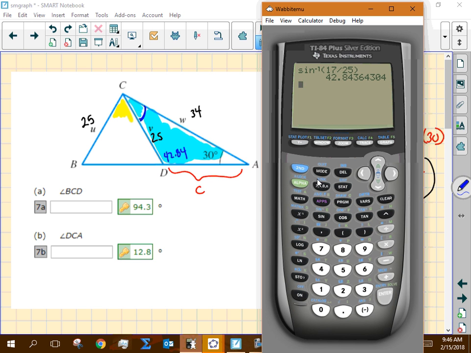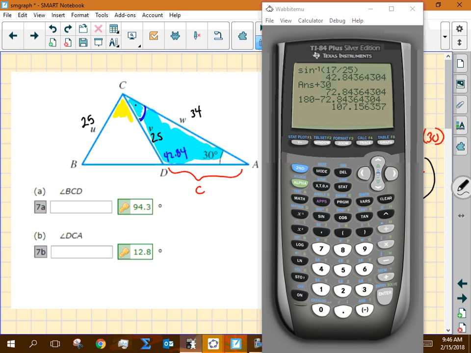Okay? Would that tell me the angle C then? If I add 30 to that, and take that number, remove it from 180, gives me angle C to be 107.156. Is that okay with everybody? Now, if you're blindly doing this math, being robotic, and this is where hopefully throughout the courses you've taken with me, you start to realize that we don't want to do that, you would maybe make some drastic errors here.